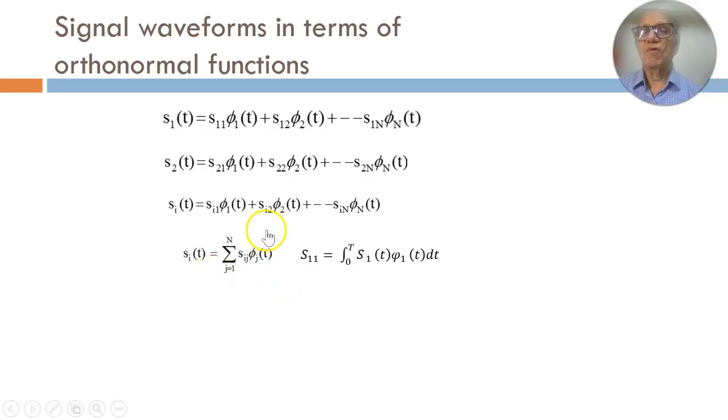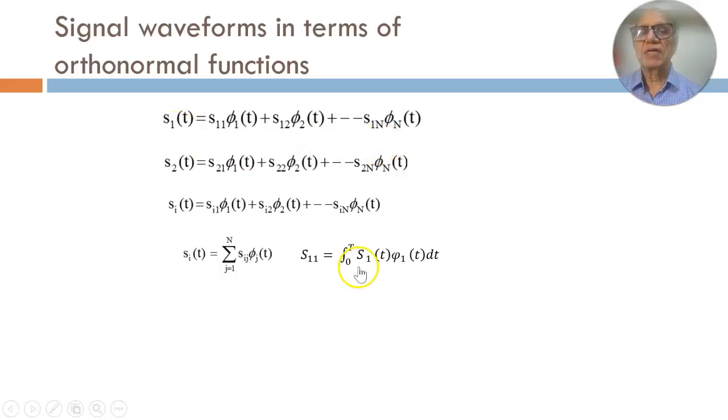Now what about finding the coefficients? Suppose S1(t) is given to me. Finding the coefficients will be an operation which will be required at the receiver, and we'll soon see why that is so. But suppose S1(t) is available to me and I want to find out S11. What I do is multiply this entire equation by Phi1(t).